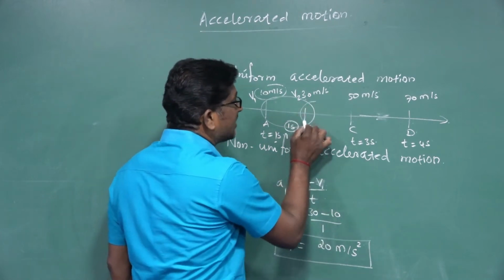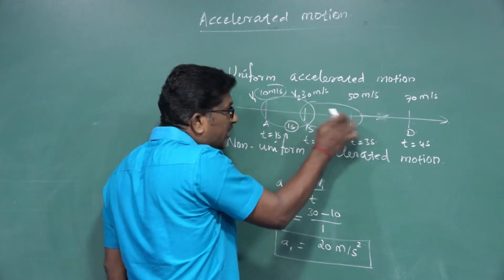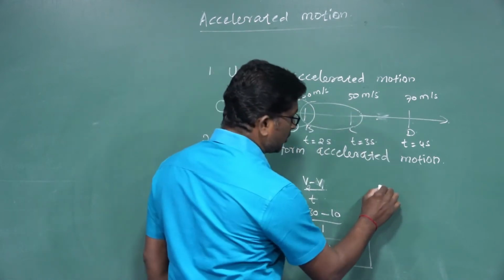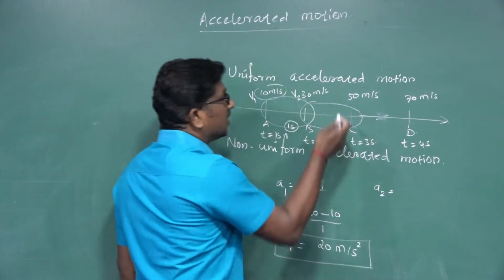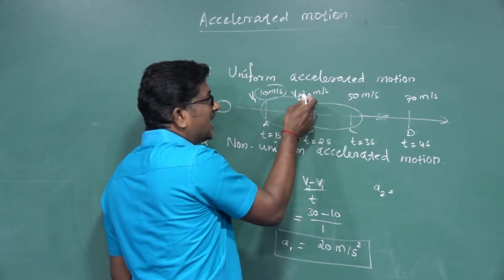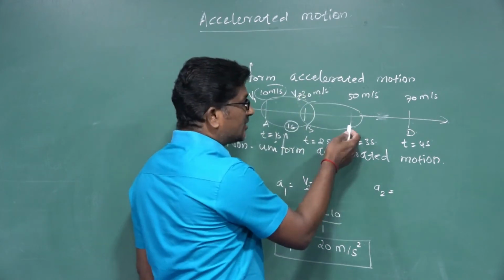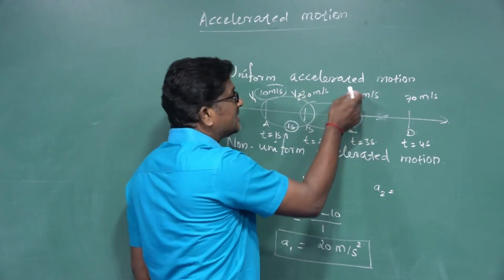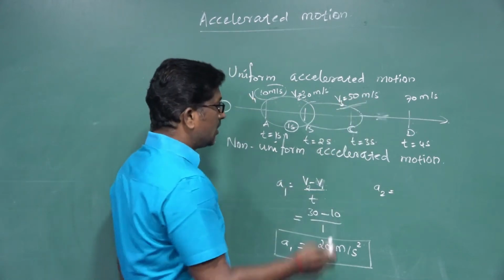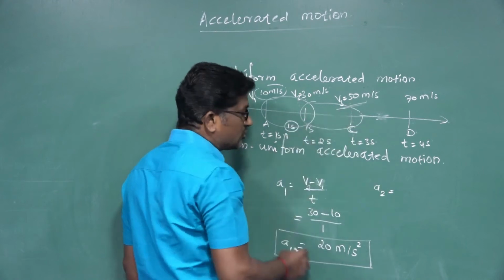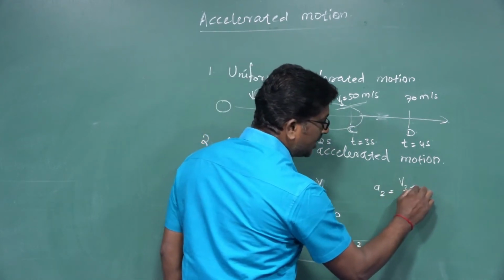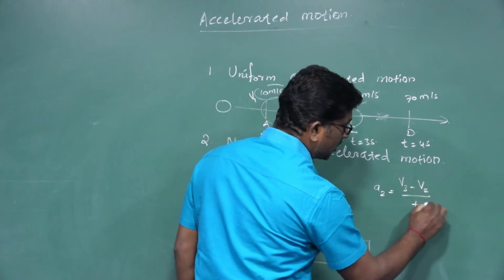Now what is the acceleration possessed by the particle during the next time interval? The velocity of the particle at the position B is denoted by V2, its value is 30 meter per second. The velocity of the particle at the position C is taken as V3, its value is 50 meter per second. The acceleration during this time interval is taken as A2 and is given by (V3 minus V2) divided by t.